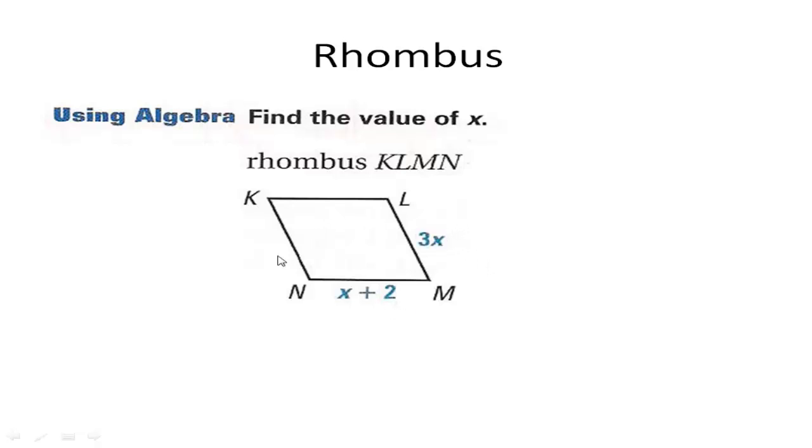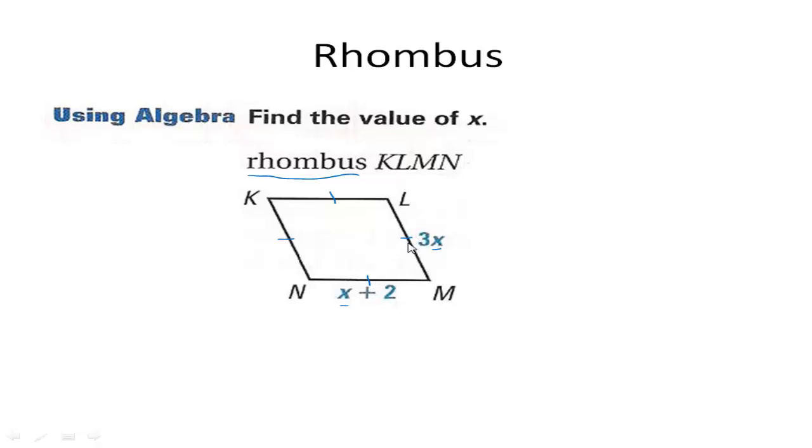Here's another example for a rhombus. Find the value of x. I have to find what x is. Here they're showing me that this side measures 3x and this side measures x plus 2, and they're telling me it's a rhombus. Automatically for a rhombus, all sides are congruent. That means this side measures the same as this one, the same as this one, and the same as this one.